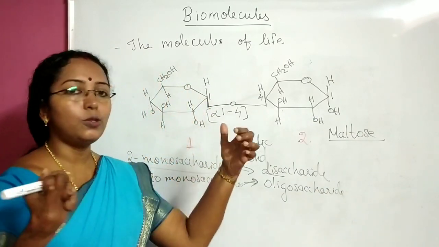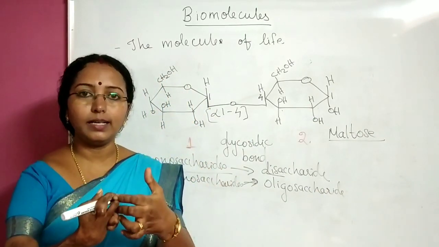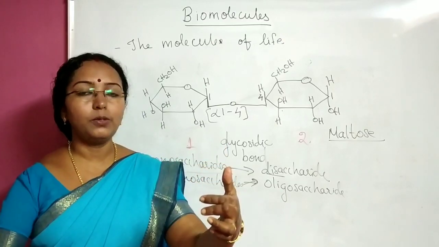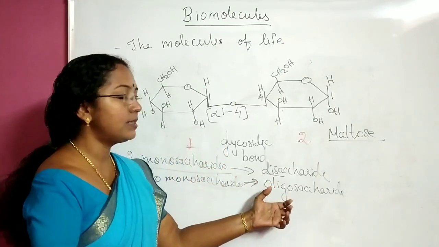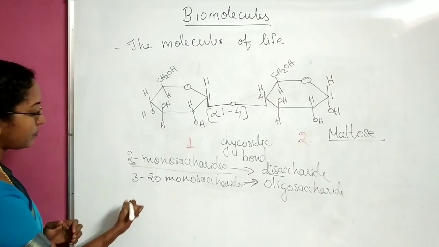If it is just two monosaccharides linked, it is disaccharide. If it is 3 to 20 monosaccharides linked, it is called as an oligosaccharide.